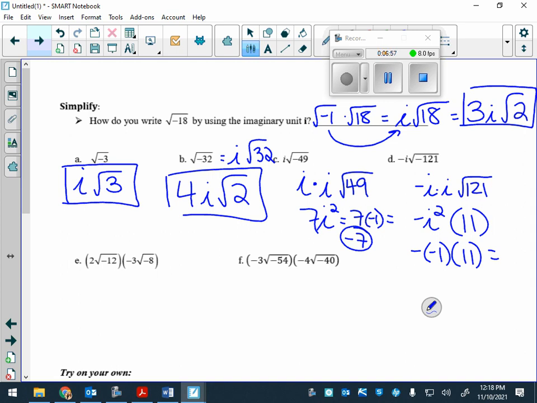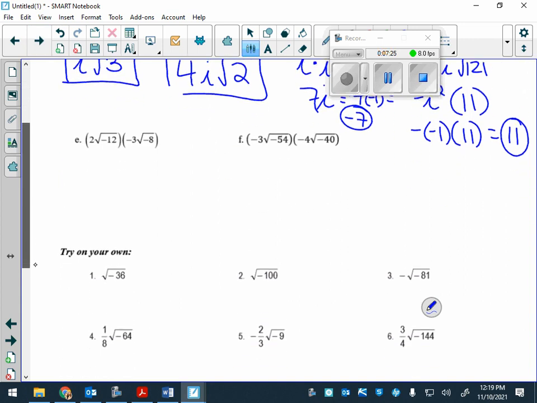Nope, it's already on the outside. So we end up with positive 11. Okay. So, and I'm glad that question came up. If the i is already on the outside, it stays as is, whatever is given to you, either positive or negative. Only thing you take out, the negative inside.